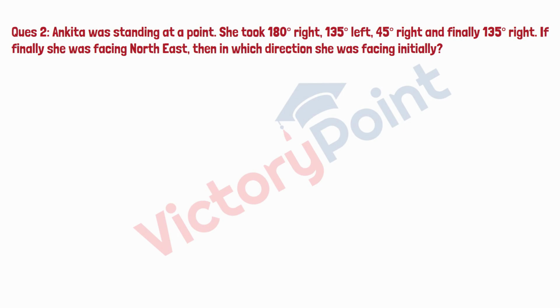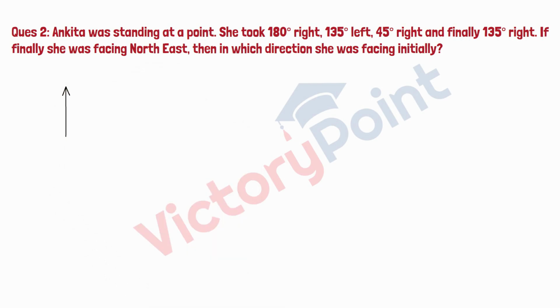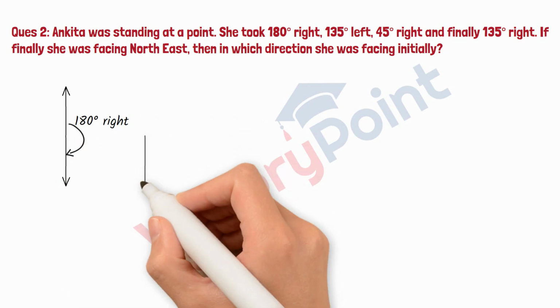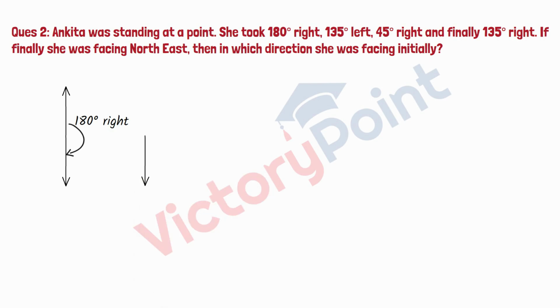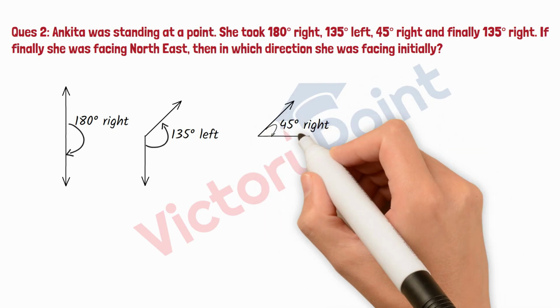Here we are not given the initial direction, so let's assume any direction. Now from this direction, Ankita is taking 180 degrees right. From this direction, she is again taking 135 degrees left turn, then 45 degrees right turn, and finally 135 degree right.